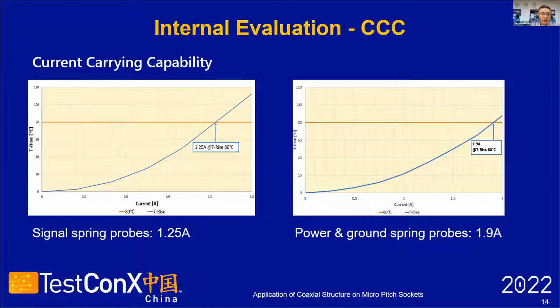For the current carrying capability testing, you can see from both charts, the signal probe is about 1.25 amps at a temperature rise of 86 degrees. The power ground pin is about 1.9 amps.